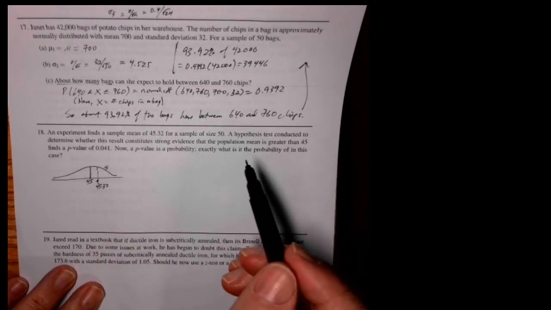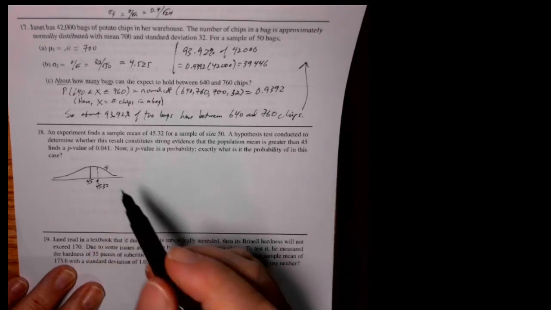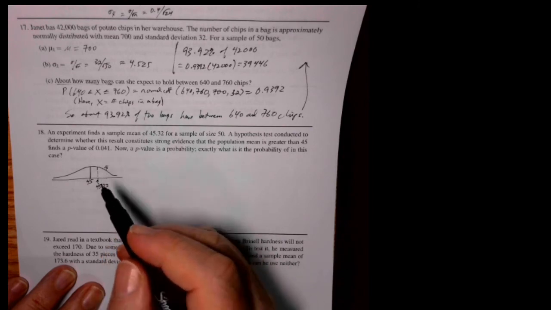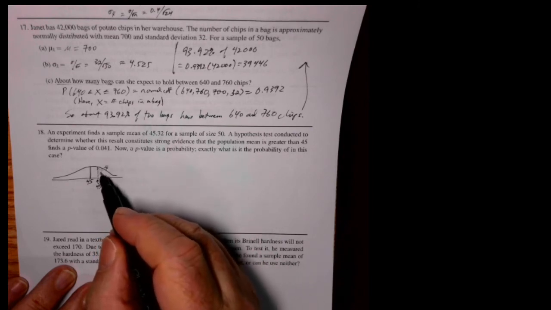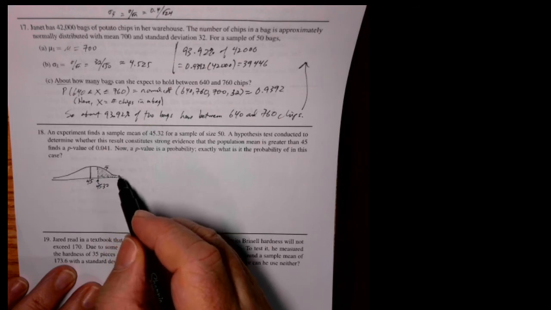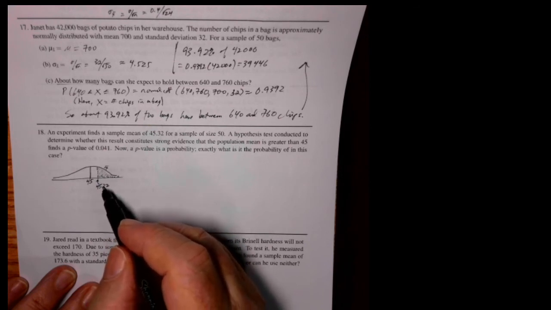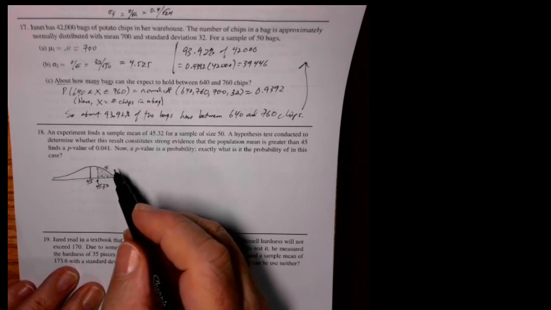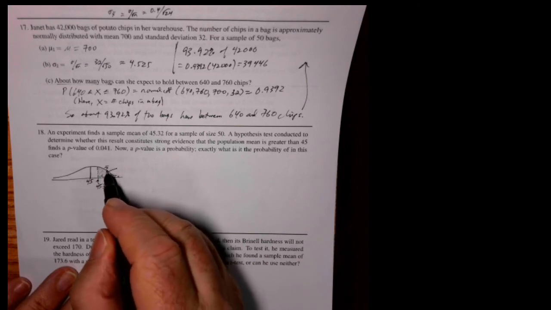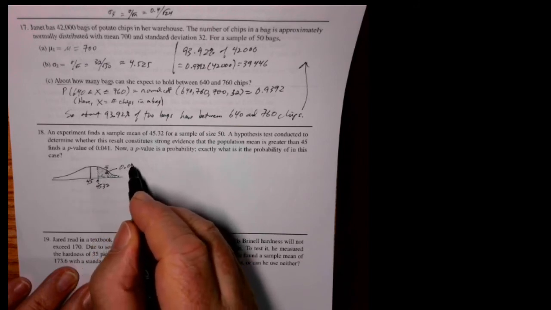All right, what is found is a p-value of 0.041. Remember that means that the area to the right of 45.32, this particular value of x bar from this sample, that area right there is 0.041.